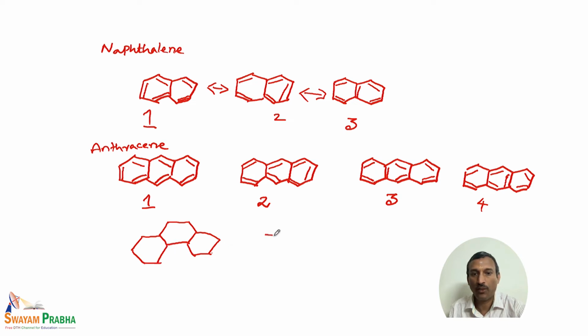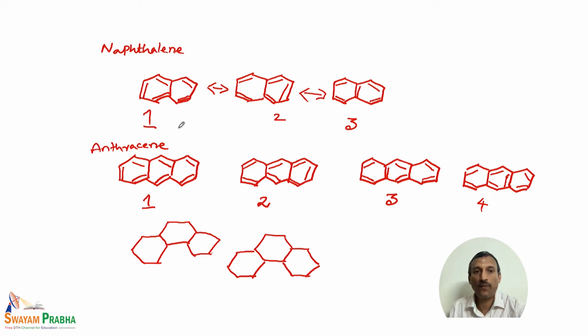So we can draw at least a few of the skeletal structures without the double bonds first. For simplicity, I will just draw two double bonds.